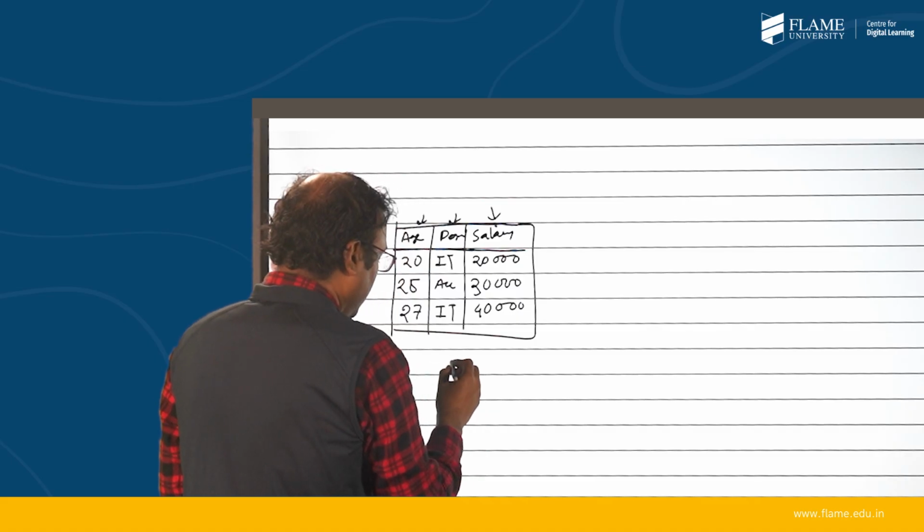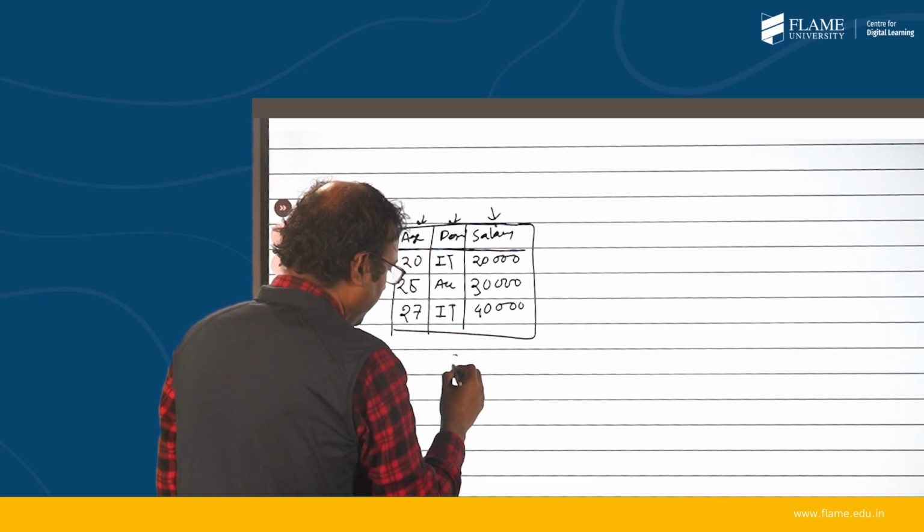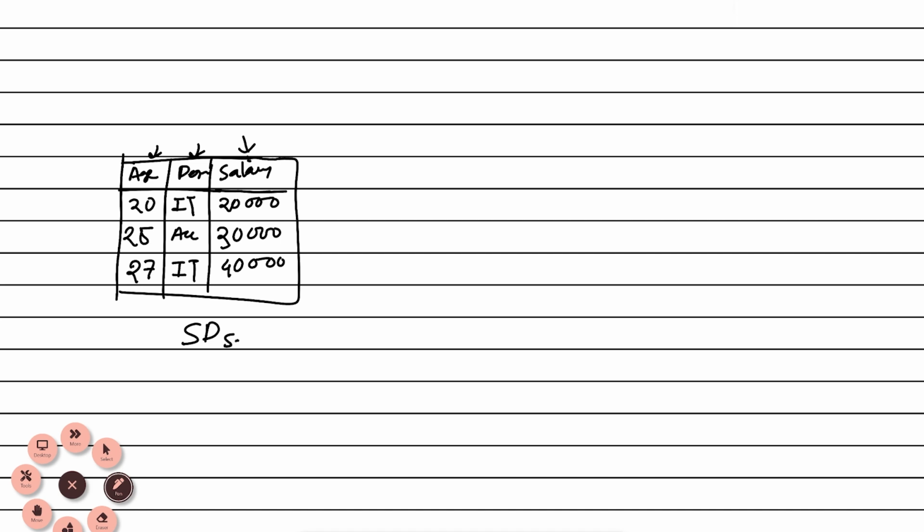So in that case, you have to calculate like this. You first calculate the standard deviation of salary, SD of salary, minus the standard deviation of salary with respect to designation. So how to calculate? Let's say I take a simple example of this.